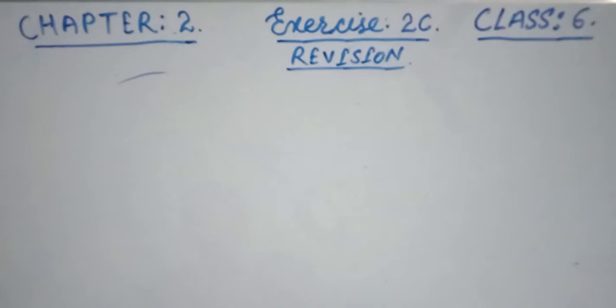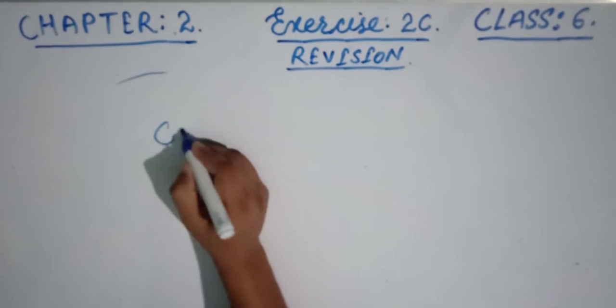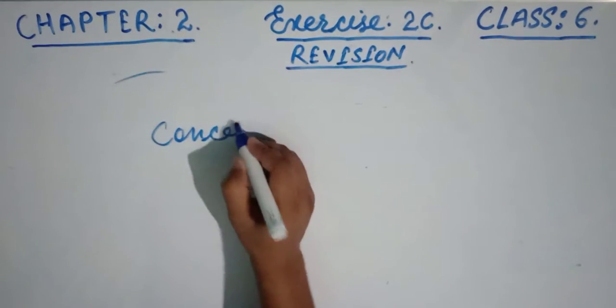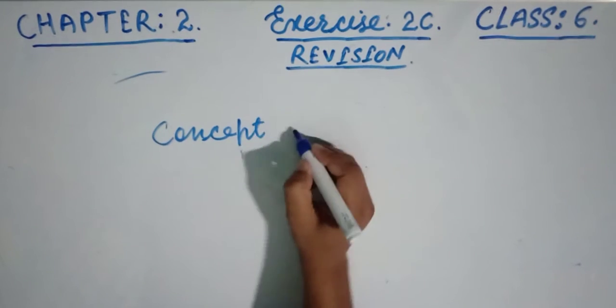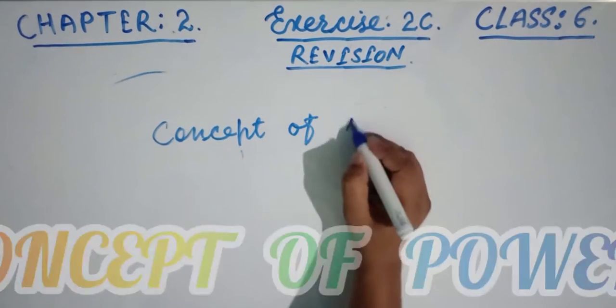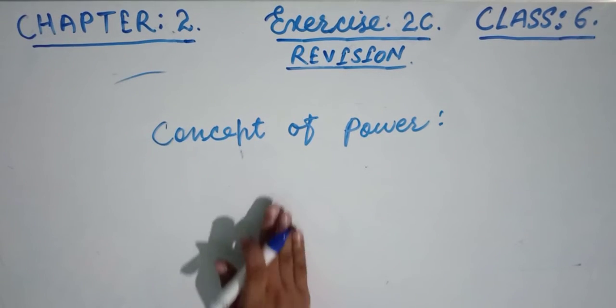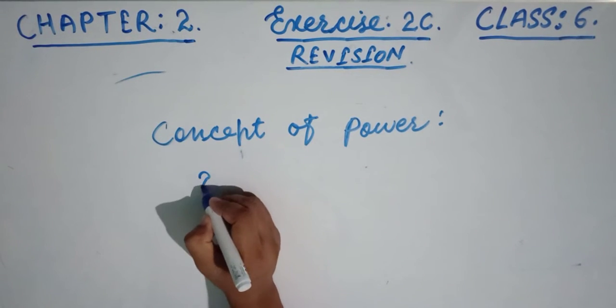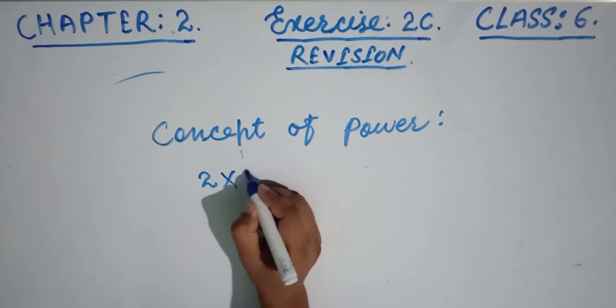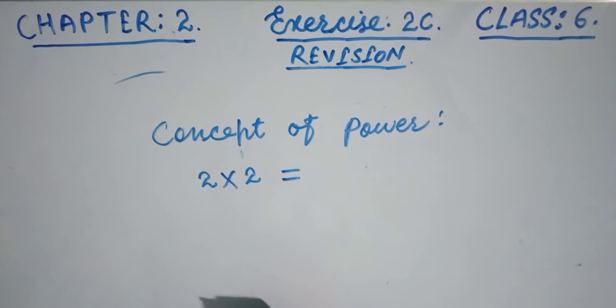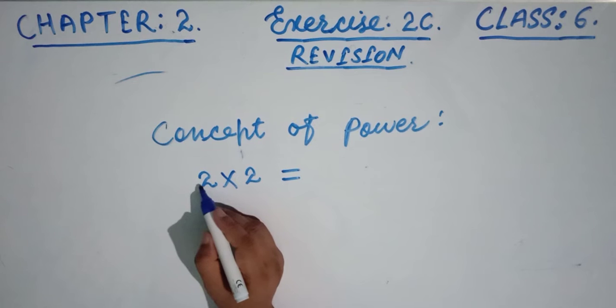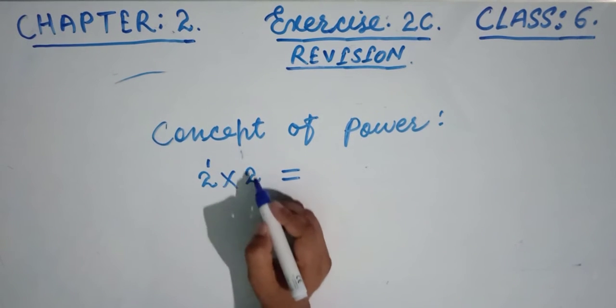Now see, friends, some concept of the power. Look at it, friends, suppose there is 2 multiplied by 2. Here, this is 2, and over this 2 there is a 1 hidden, and over the other 2 a 1 is hidden.